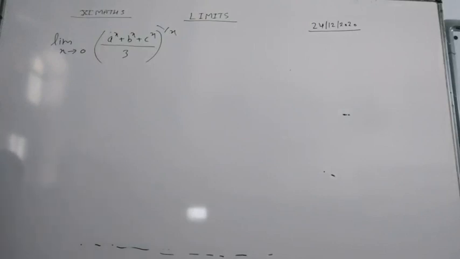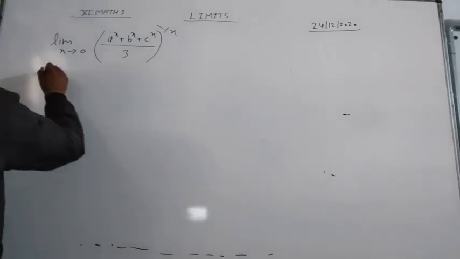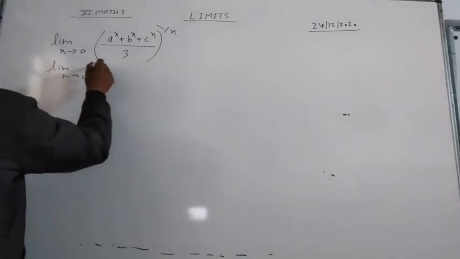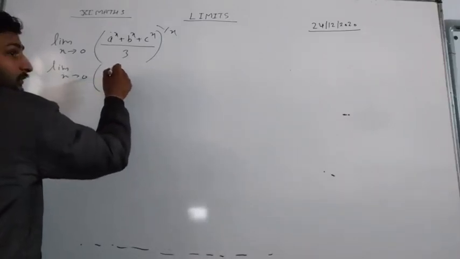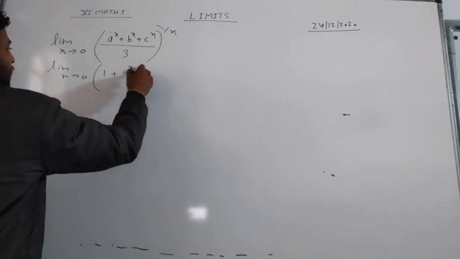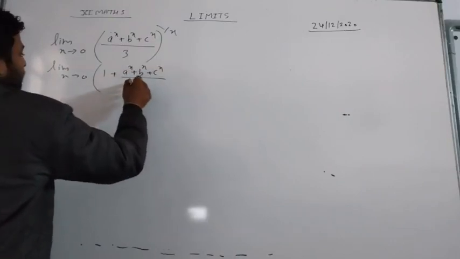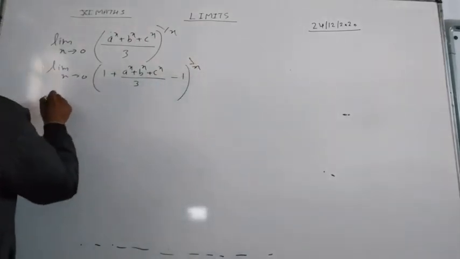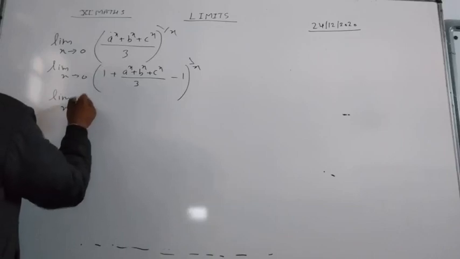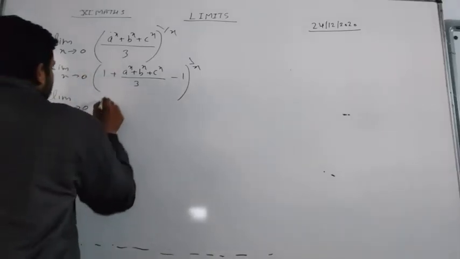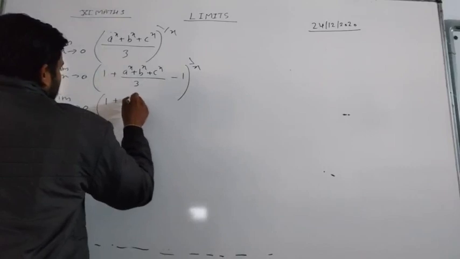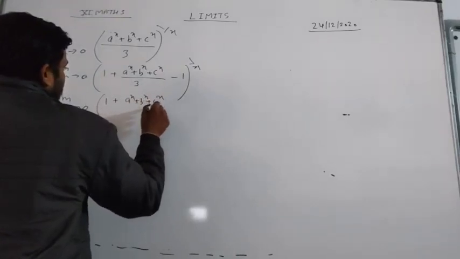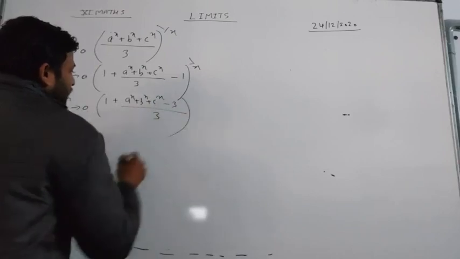Now what we will do, look, we write limit x tends to 0. We are adding 1 plus (a^x + b^x + c^x by 3 minus 1) to the power 1 by x. Limit x tends to 0, and this is 1 plus, we write (a^x + b^x + c^x minus 3) by 3.